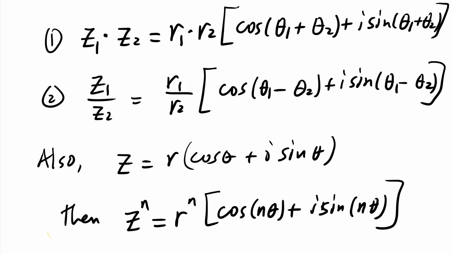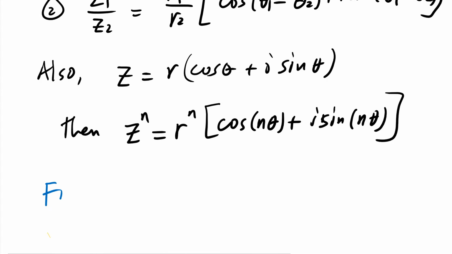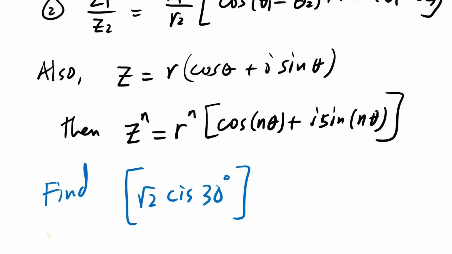Okay, so let's look at an example. We can ask you to find the square root of 2 CIS 30 degrees, all raised to the 10th power.